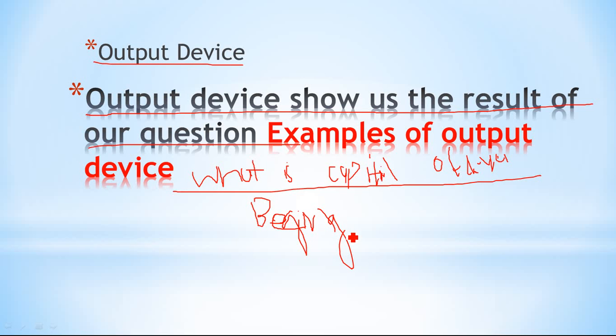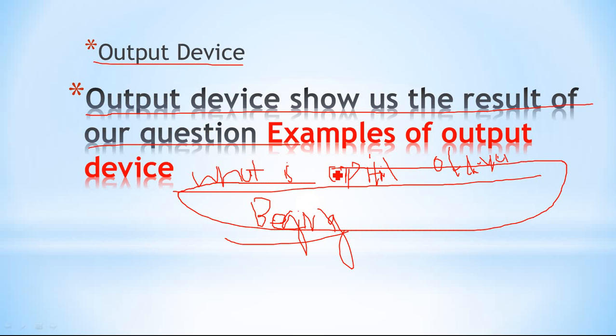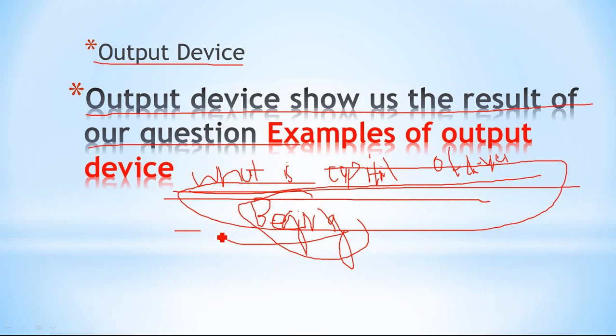So what is the meaning of this? What is the capital of China is an input, and this line is called the processor. It will process here, and Beijing is the output. So input, process and output.